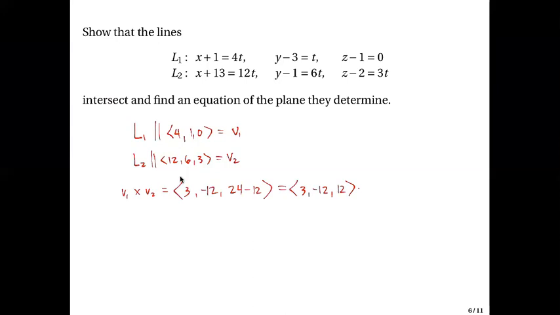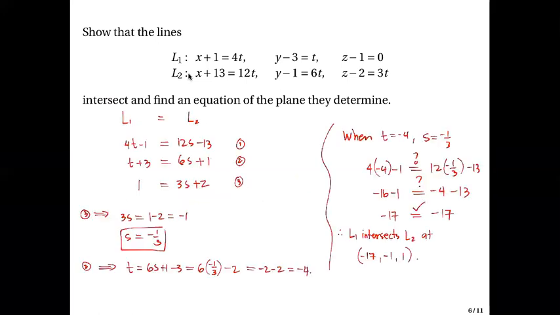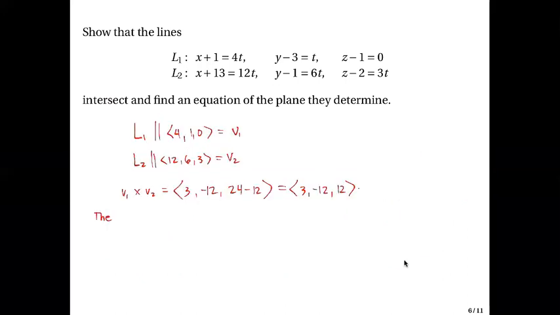So this is what we can use as the normal to the plane. We can get a point on any of the lines and use that to get the equation. Let's just use the point of intersection here: -17, -1, and 1.